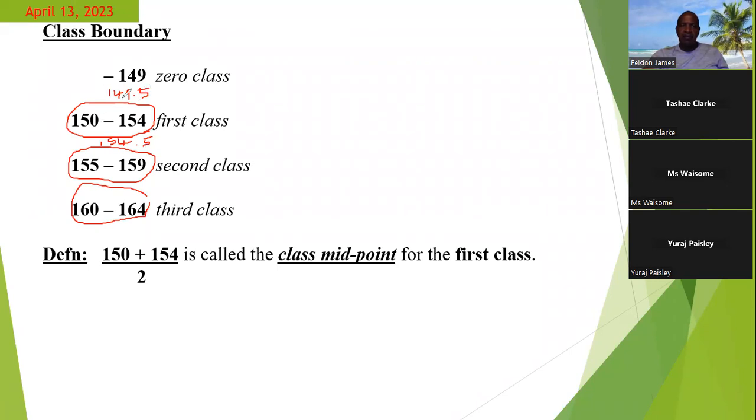So this value would be the lower class boundary for the first class, but it would be the upper class boundary for this class. Likewise, this value here, which is the 154.5, would be the upper class boundary for the first class, but it is also the lower class boundary for the second class. You get the idea, Mr. Paisley? Yes, sir. All right.